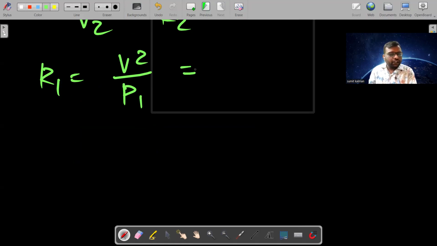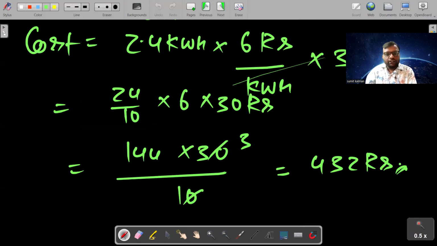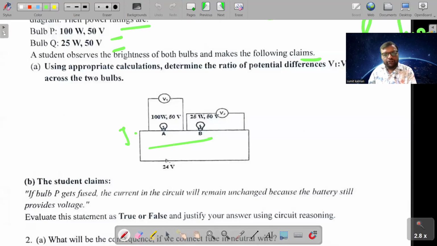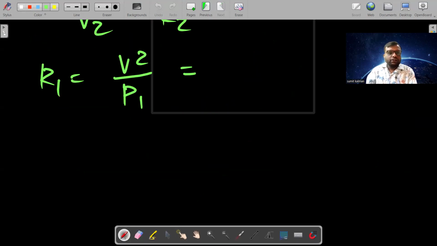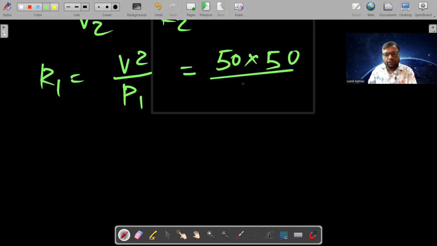So here, R1 will be, power is 100 watt, 50 volt for bulb A. V square is 50 into 50 upon power, which is 100 watt. Similarly, for the second bulb, if you calculate, R2 is equal to V square by P2.